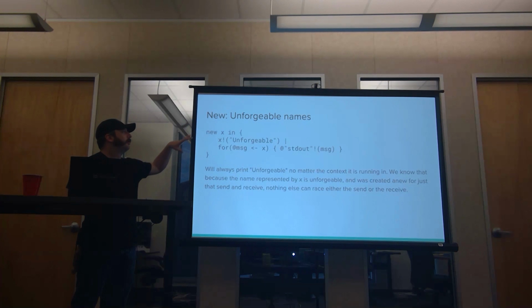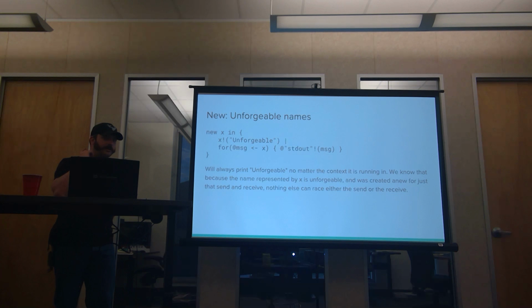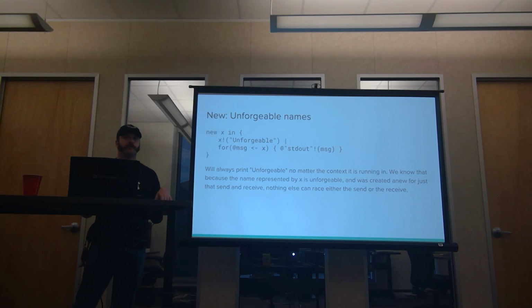Okay, so moving on. One of the things that RHOLANG has that's definitely not in rho calculus, well, it could have been, is new. New gives you unforgeable names.